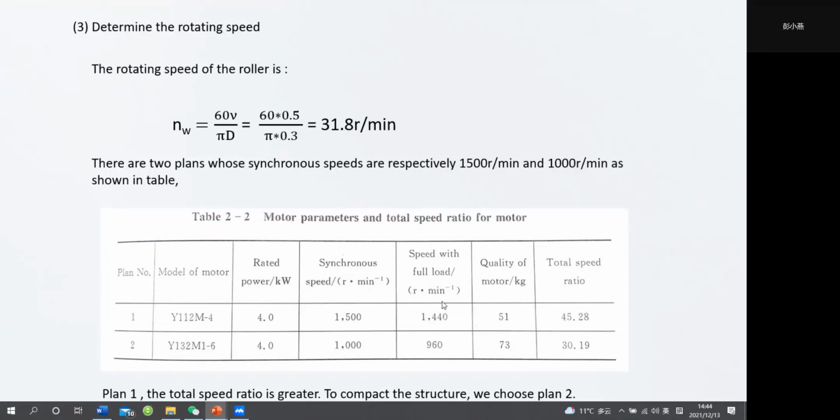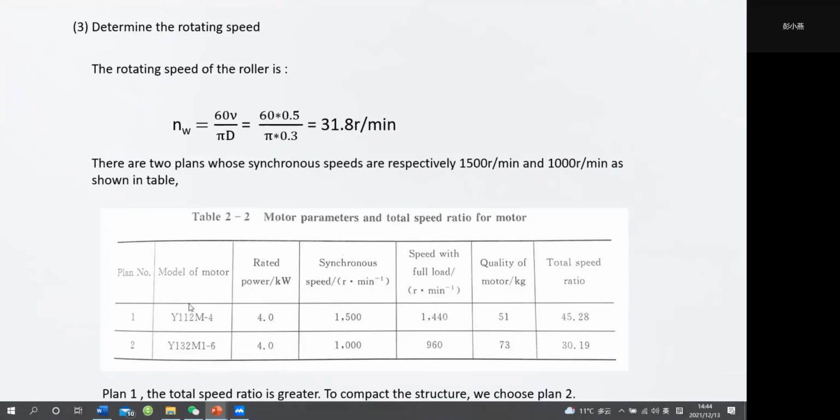Yes, you can consider it as the rated speed with full load, and then you calculate the speed ratio from the motor to the working part.